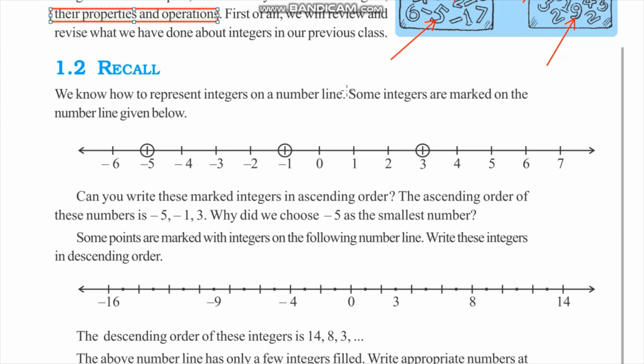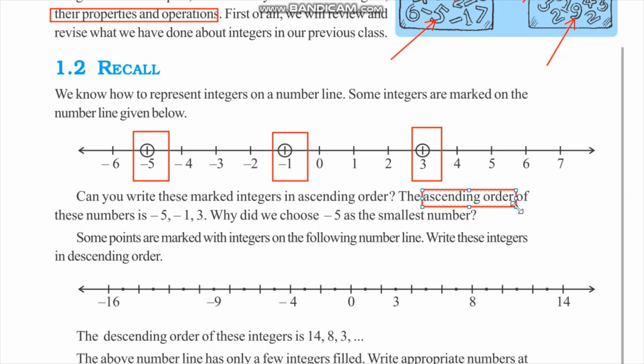So what they want us to do is they want us to take out these marked integers. So we have given -5, -1 and 3. And we have to arrange them in an ascending order. In an ascending order, you always start with the least number and then go on increasing.